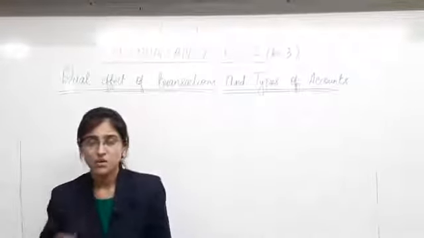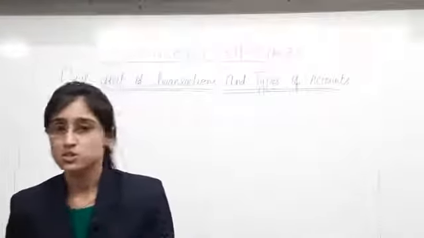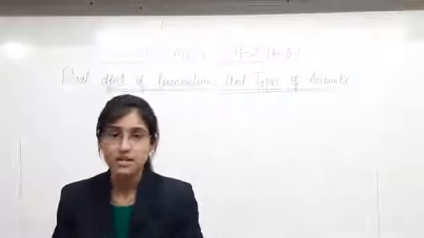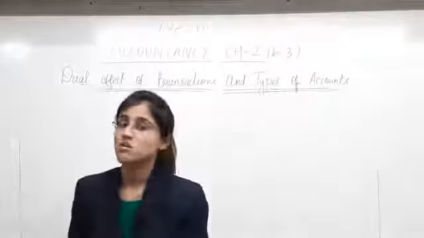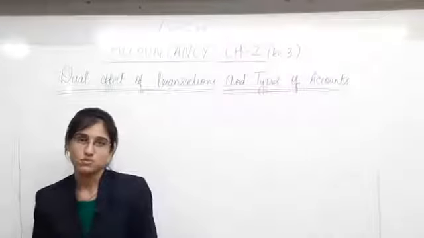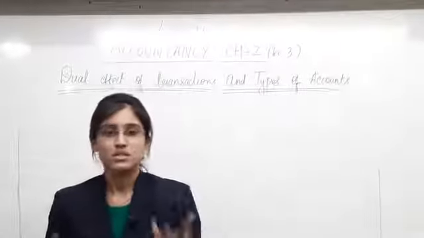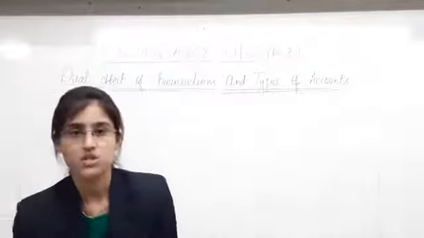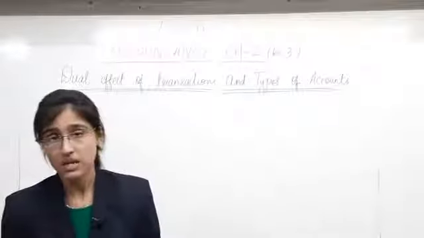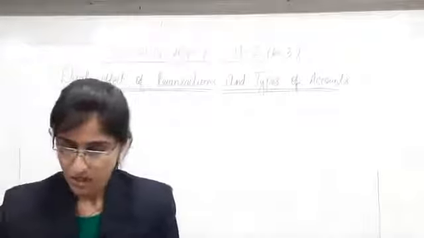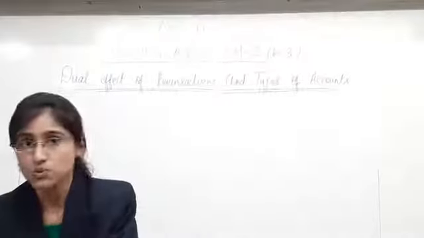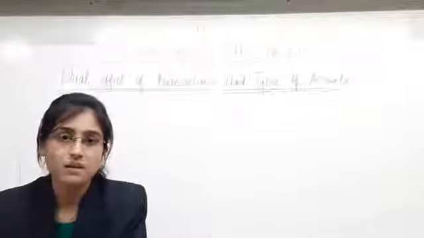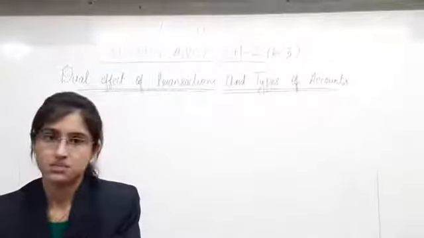Okay, so illustration 2. I have my textbook on my desk, and I hope you also have your textbook with you. Let us solve illustration 2, which is very interesting. Page number 28, chapter 2, part 1, 11th commerce.